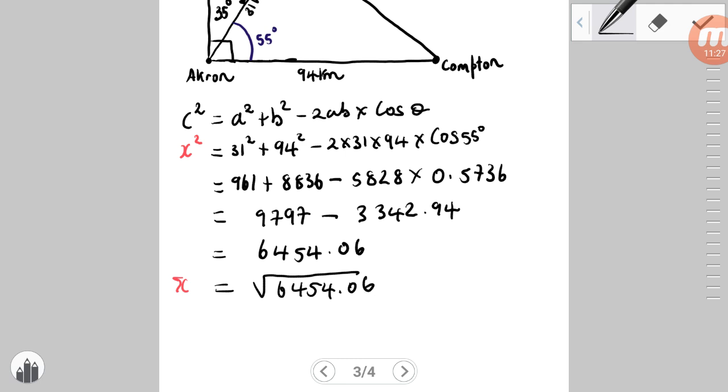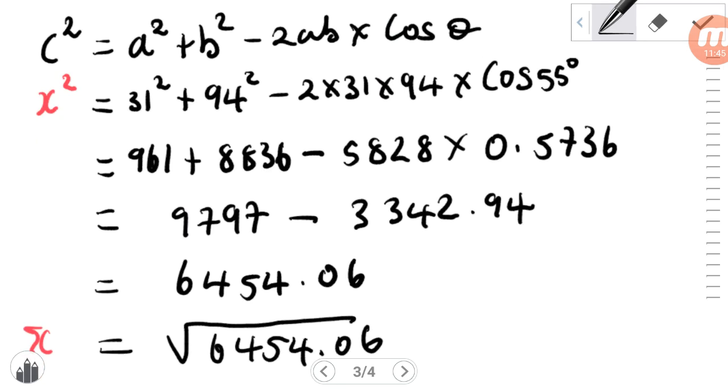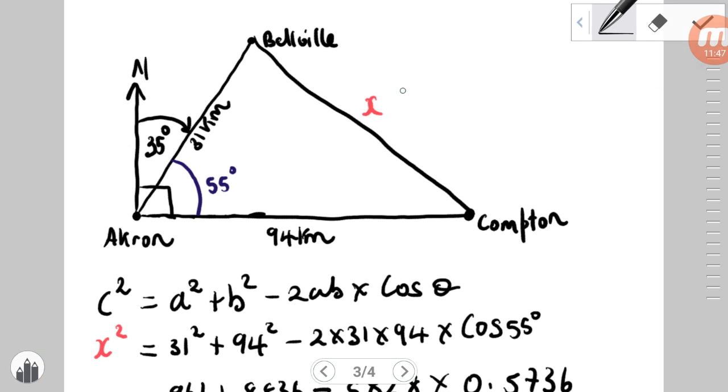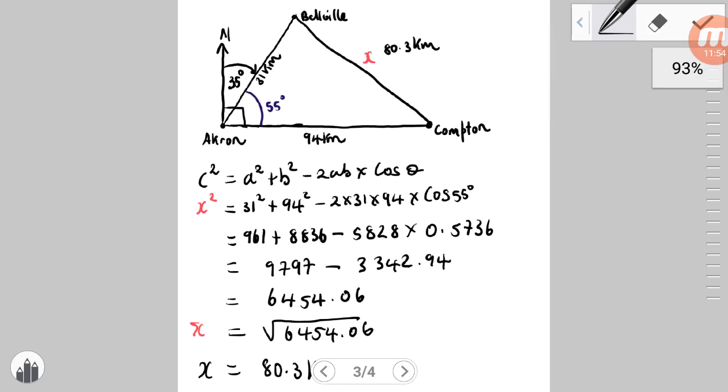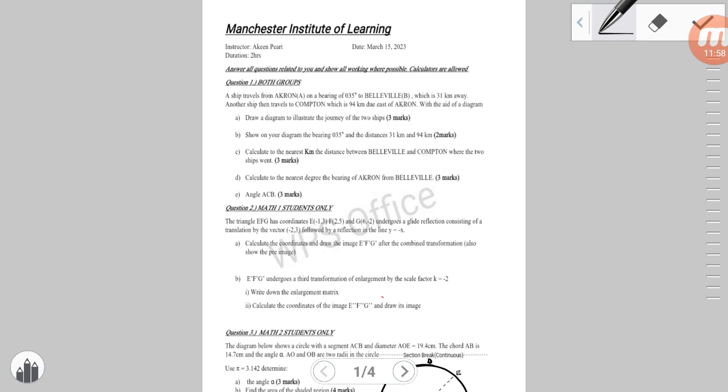So let's go on our calculators then. 6,454.06. That would give us a value that x is equal to 80.3 kilometers. All right, so that is the distance that is here. Okay, so that's 80.3 kilometers. Right, and that is it. That is how you actually work out the first part of that particular question.